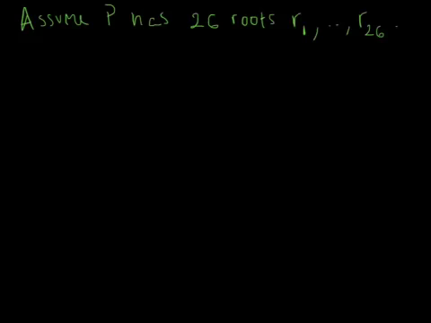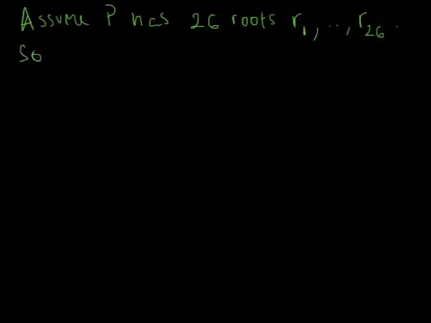And what we want to do is show that from this comes some sort of issue, some contradiction that will prove that my assumption must be incorrect, that I can't have 26. So we're going to think about what we could do if we know all these roots. Think back to what we just showed. We showed that if you have a root, then you know a factor. So if we can factor out p all the way up until that last factor, hopefully we'll run into an issue.